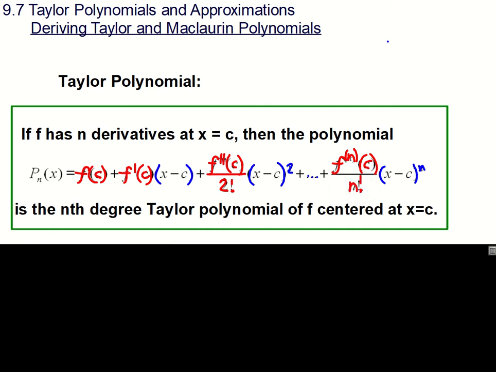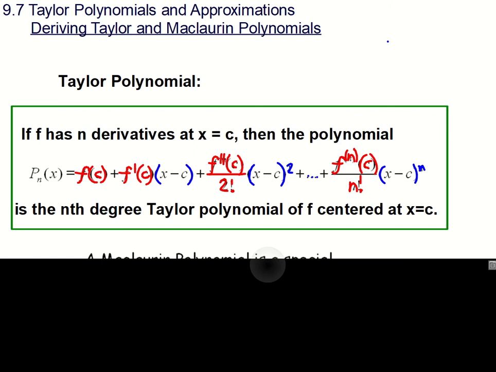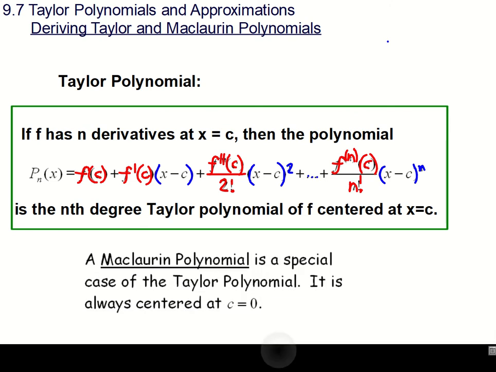That would be the coefficient of x minus c to the nth power. If the function has infinite derivatives at x equals c, then you can make an infinite polynomial. The infinite Taylor polynomial will actually match the function exactly within some radius of convergence. The radius of convergence is a topic for another day, but just know that this is how to create the Taylor polynomial.